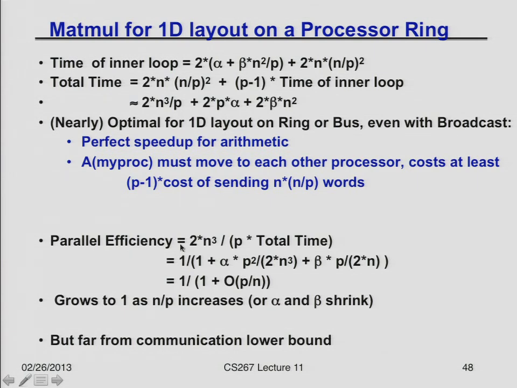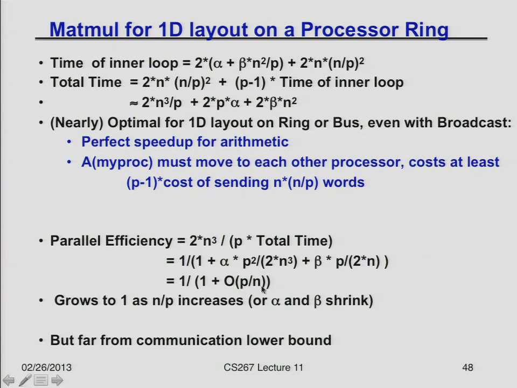So if I run a really, really big matrix on not too many processors, how close to perfect efficiency do I get? I take the sequential time, that's 2n cubed, and divide by p times this parallel time that I just computed, and ask how close is that to 1. And here is the formula, and if I ignore all the constants, it's 1 over 1 plus order of p over n.